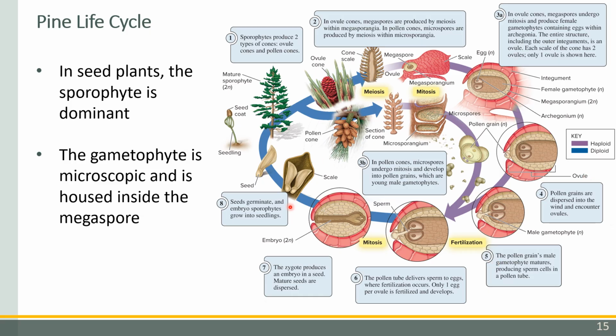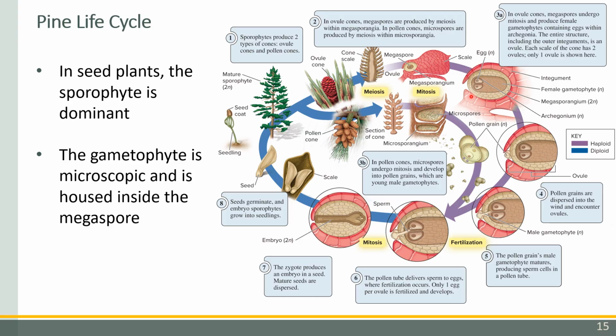So just a really quick review. We've got our seed that grows into the sporophyte. That sporophyte is either going to be the male or the female. Remember that the megaspore is contained within the sporangium, and that is going to contain the megaspore, which is the egg.